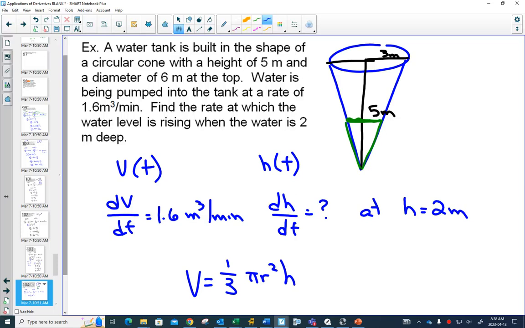Now we have a ratio. The ratio of the radius to the height is the same as 3 to 5. We write these as fractions.